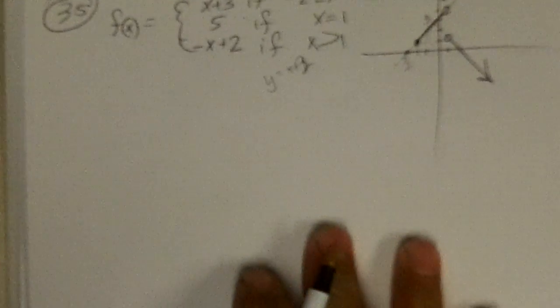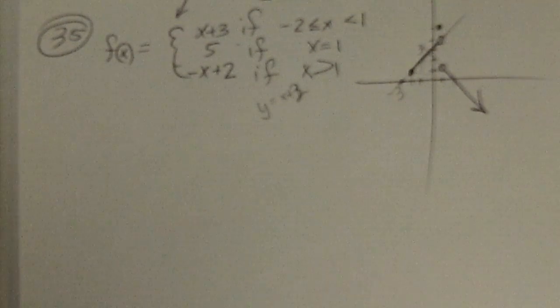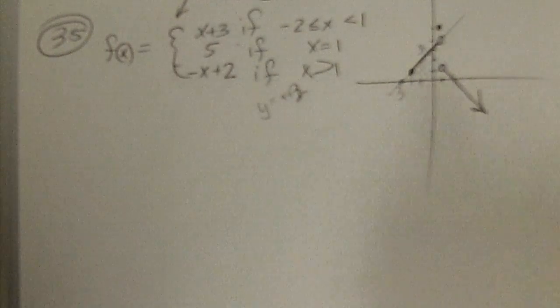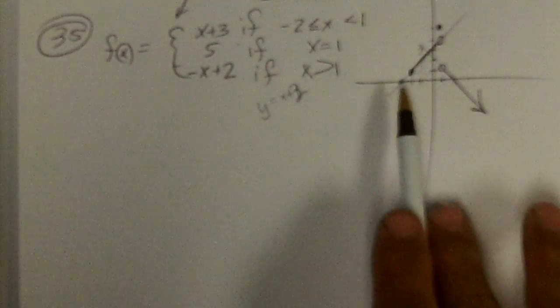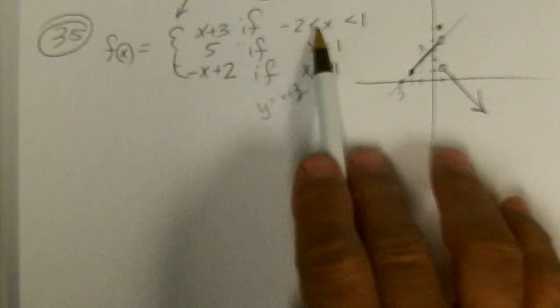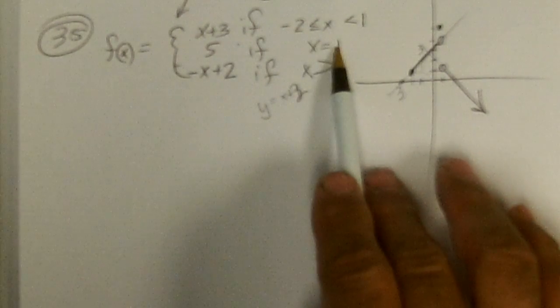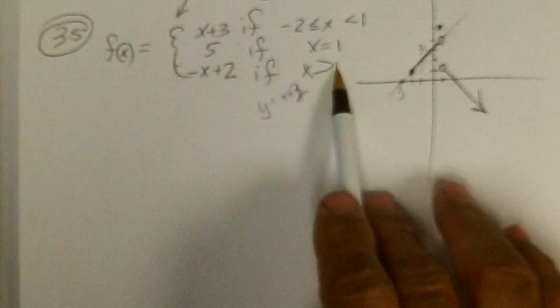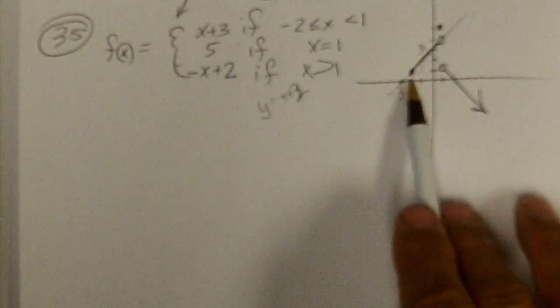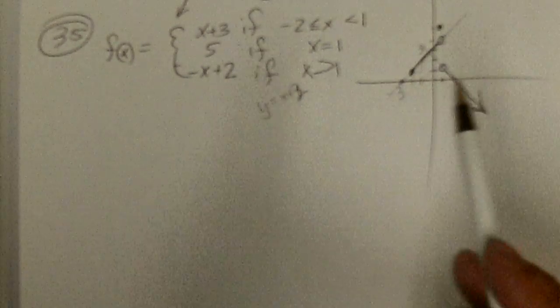Okay, now let's do this one. First of all, we're supposed to answer what's the domain. Well, this function can use values of x from minus 2 up to 1, not including 1, but then including 1. And then greater than 1. So it's got values all the way from negative 2 to infinity.